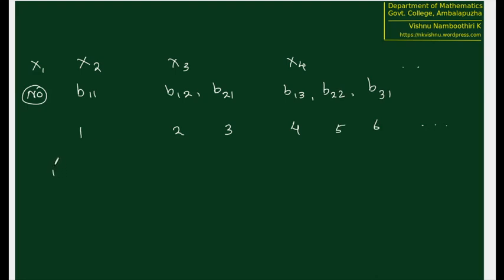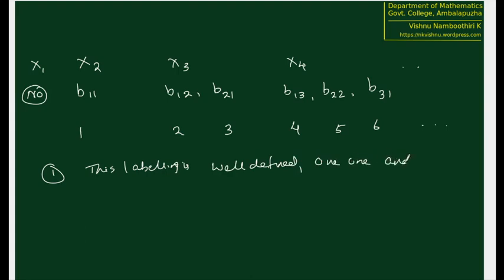So observe that, as in the case of the set of all rationals, this labeling is well defined, one-to-one and onto.